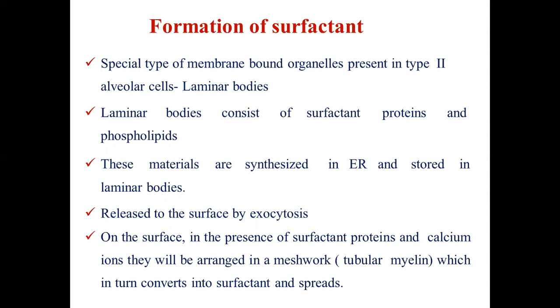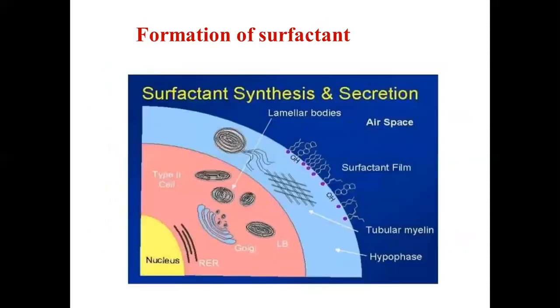Then after storing, they are released to the surface by the process of exocytosis. On the surface, in the presence of surfactant proteins and calcium ions, they are arranged in a meshwork, and a layer of surfactant is formed in between the air and liquid interface, which we have seen in the first slide. So this is how the formation of surfactant occurs.